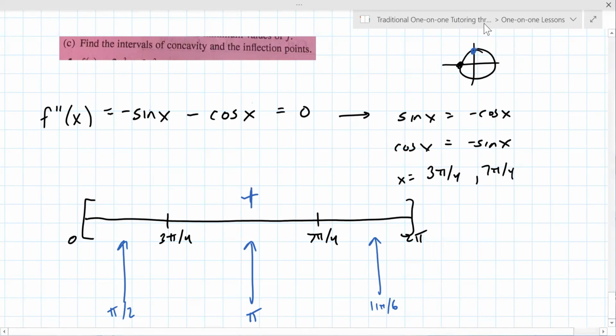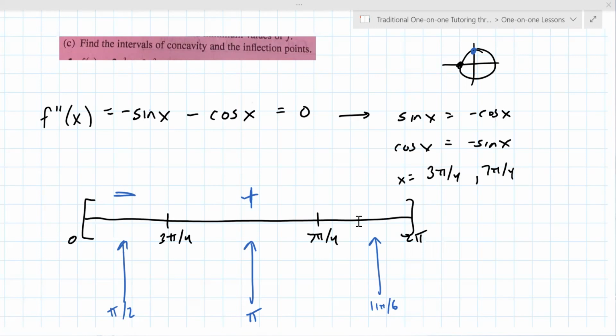Let's do pi over 2. That's up here. Okay, sine value up there is 1. That's nice. Minus cosine of there is 0. So that's negative. Okay. Now there tends to be an alternating thing, especially with sine and cosine. Like I wouldn't use that as a justification here, but this one does end up being negative. If you go to 11 pi over 6, you will see that.